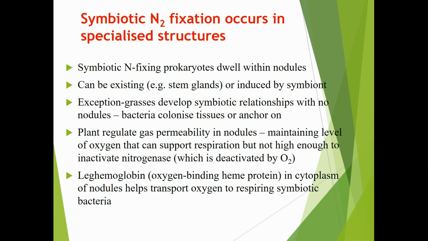The interesting thing about it is there is a specific enzyme which is generally found in the bacteria or the fungi, and it is called nitrogenase. Nitrogenase's job is to break that triple bond in atmospheric nitrogen.